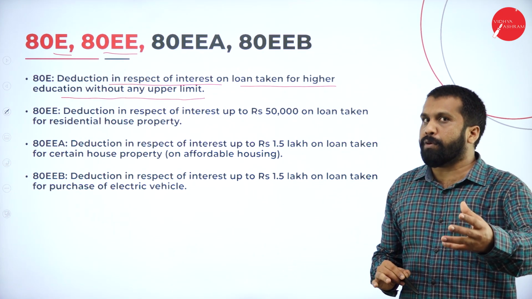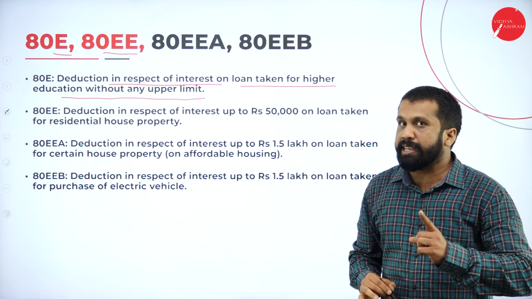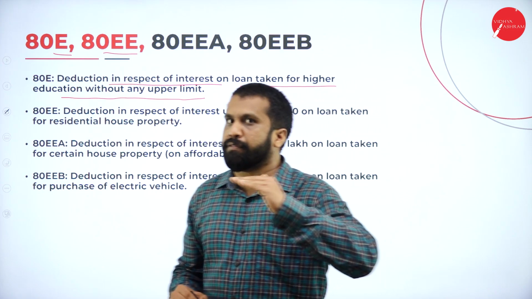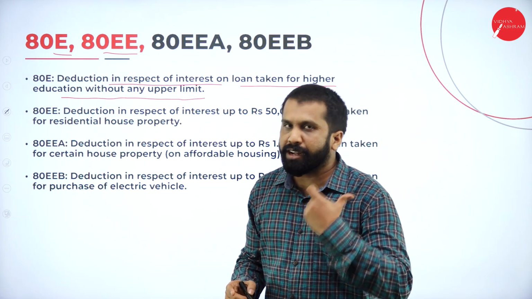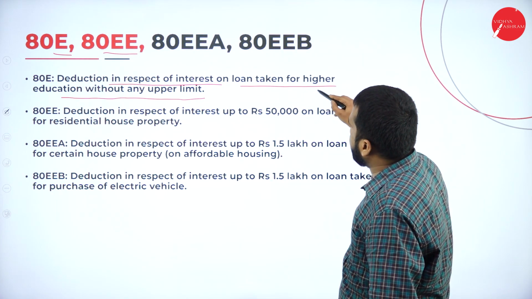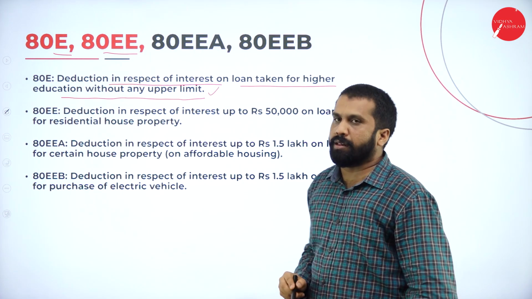Now, E for what? Easy to remember. E for education. Like A for what? B for what? Similarly, in deductions, E for education.